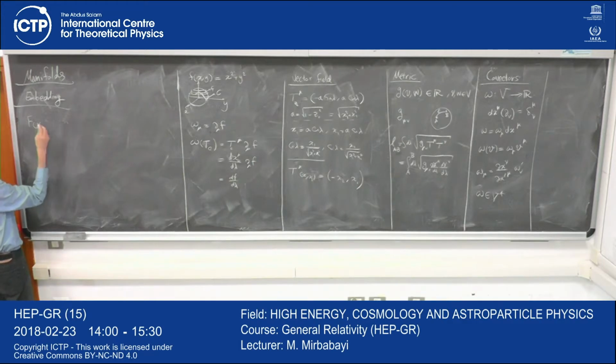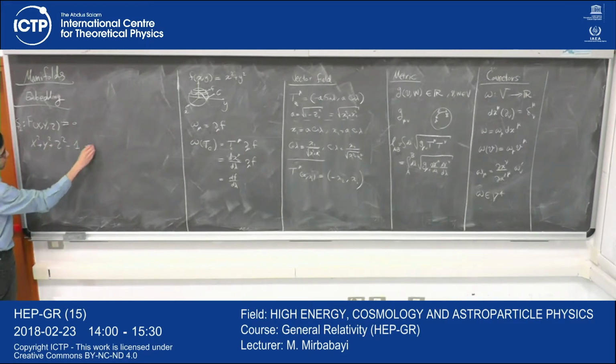So for instance, in this case, the sphere is defined as the function of x, y, z equal to 0. That is our definition of the 2-sphere. And that function is nothing but x squared plus y squared plus z squared minus 1. That is the thing that is equal to 0.